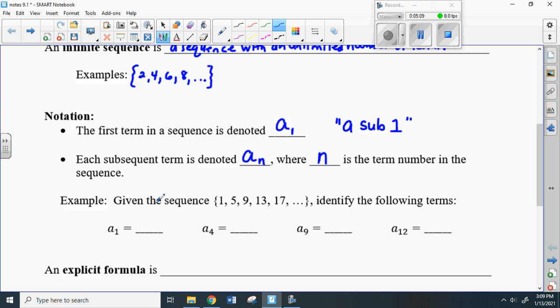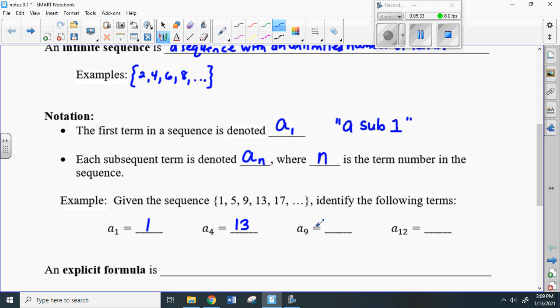So if I give you an example, here's a sequence 1, 5, 9, 13, 17, and I want you to figure out the following terms. All right, first of all, you need to understand the notation. A sub 1 means I want you to tell me what the first term is. So it's 1. A sub 4 means I want you to find the fourth term, and that's 13.